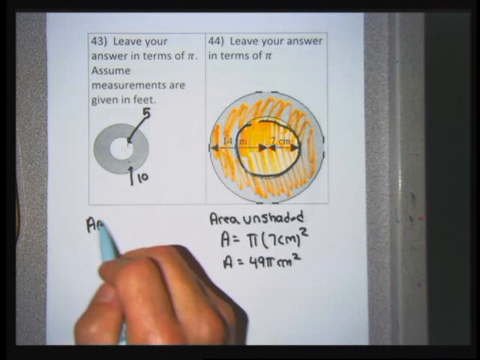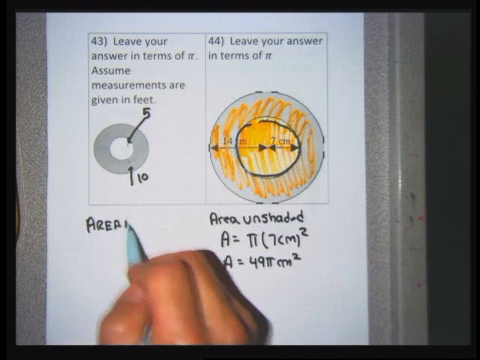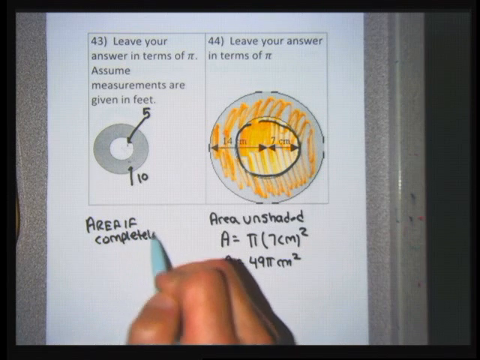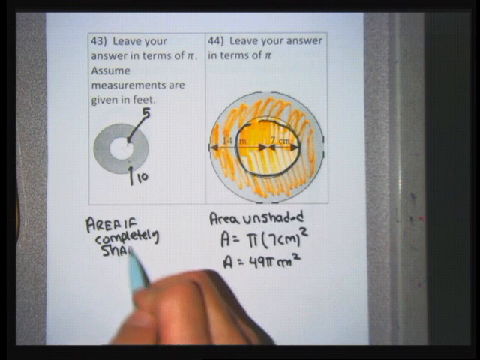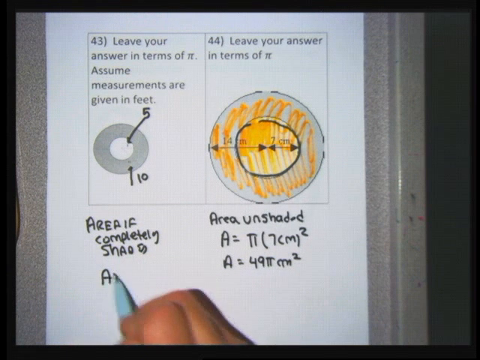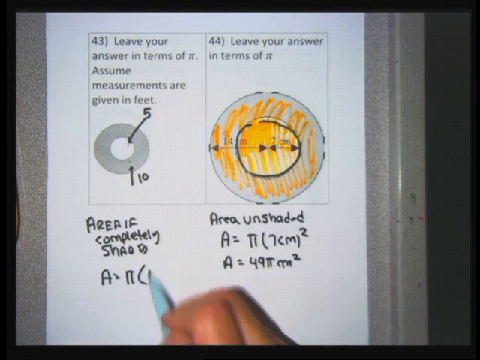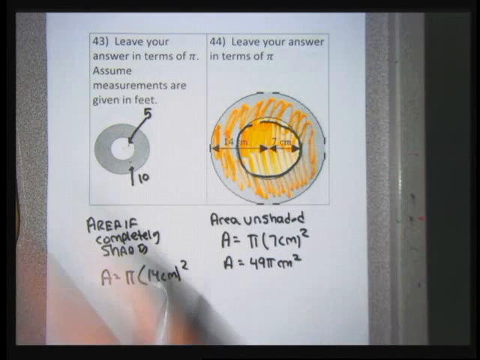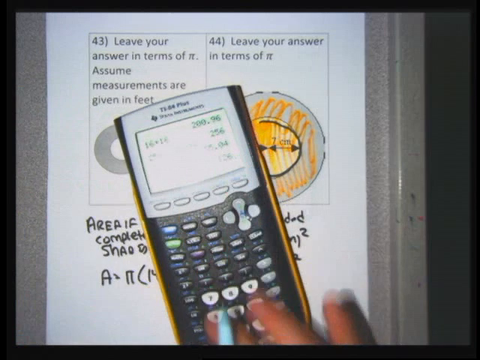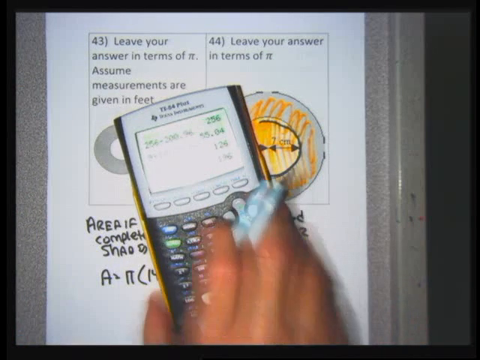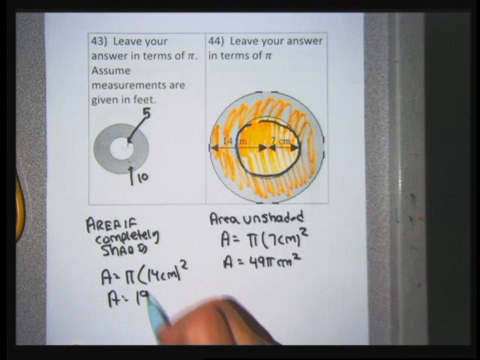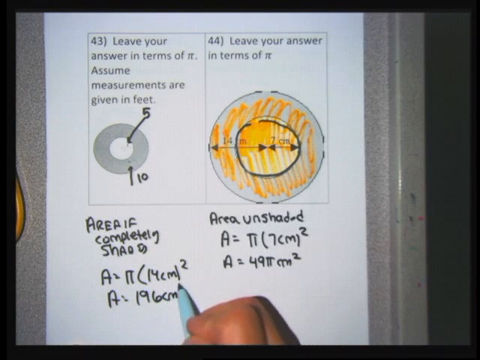So the area, if completely shaded, would be pi times 14 centimeters squared, because that would be a circle of 14 centimeters. And I think that's 196, 14 squared? Yeah.